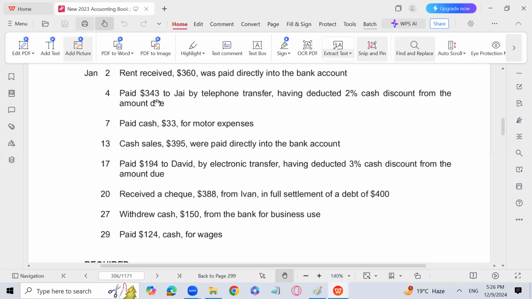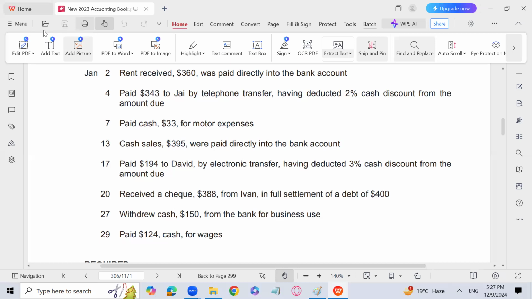Paid 343 to Jay by telephone transfer, having deducted 2% cash discount from the amount due. It means this 343 is the amount which we have paid through bank, and we are paying this amount after subtracting 2%. It means that 343 is equal to 98% of what is supposed to be paid.